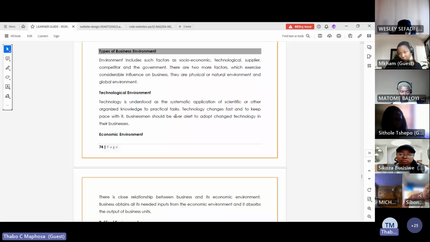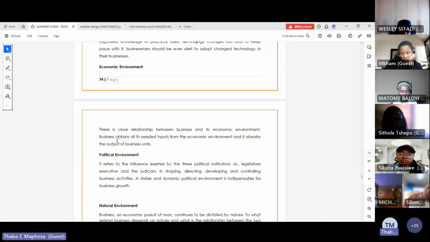And then economic environment. There is a close relationship between business and its economic environment. Now, economic environment basically deals with that aspect of the economics. So, like for instance, the operations in a country, things like inflation, things like repo rates and stuff, they are part of what they call the economic environment here.